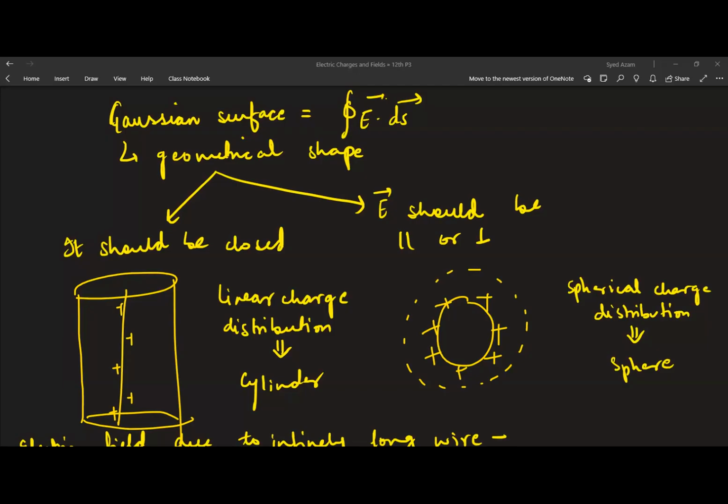Ma'am, is that parallel side, the two lines? This one? Yeah, parallel or perpendicular.